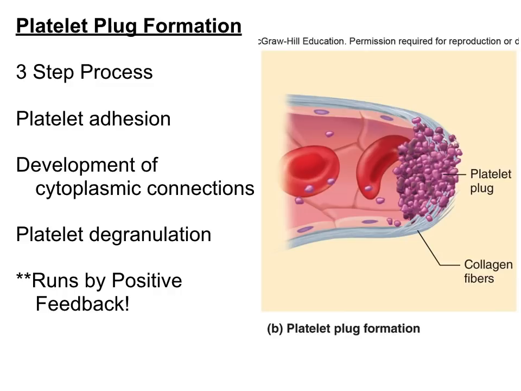Now, once the platelets attach, they start to reach out with their plasma membrane and start making cytoplasmic connections with each other and with the vessel wall. Now, this interconnected mass of platelets is the beginning of what is called a platelet plug.